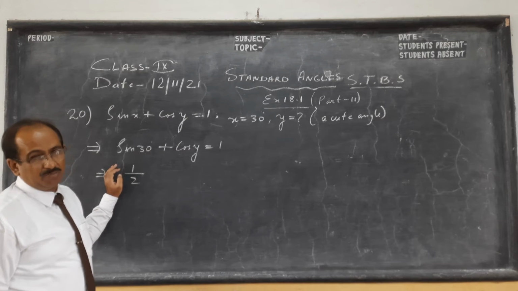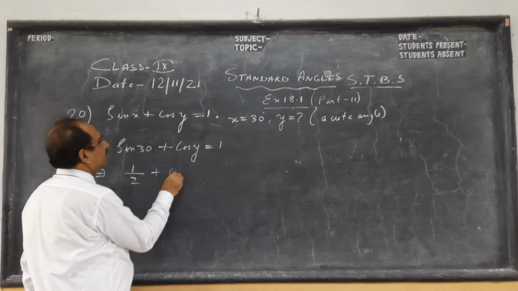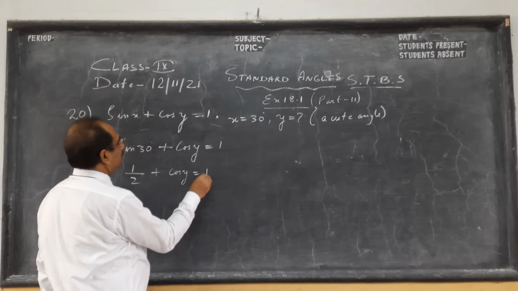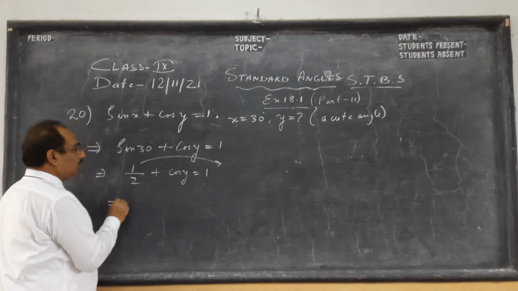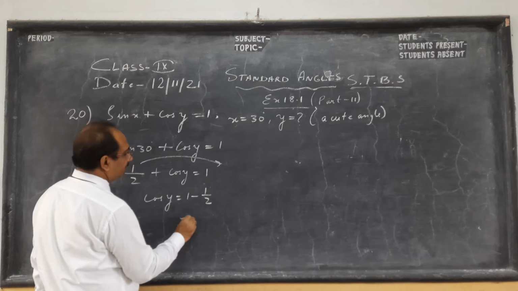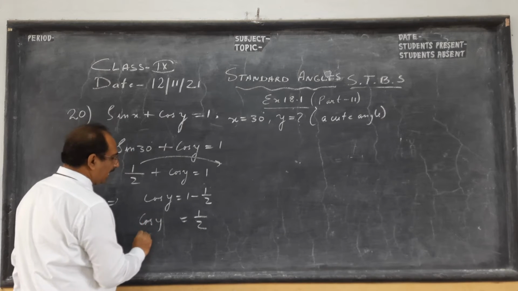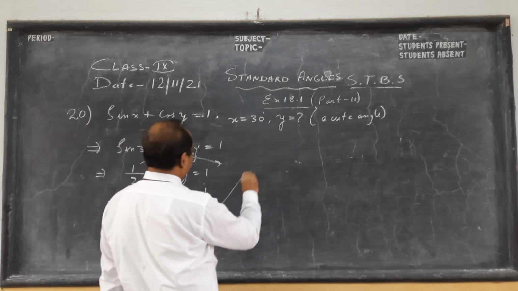I have explained the tricks for remembering that in part 6 of the video, and class part 8. So plus cos y is 1, this half will go to that side. So cos y is 1 minus half, which is half. Now see here, for which angle is cos half?